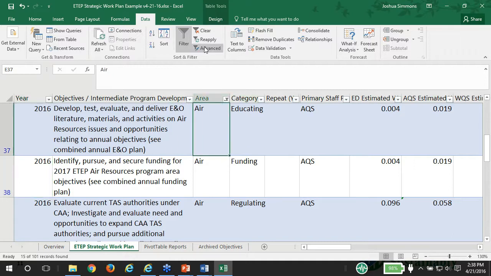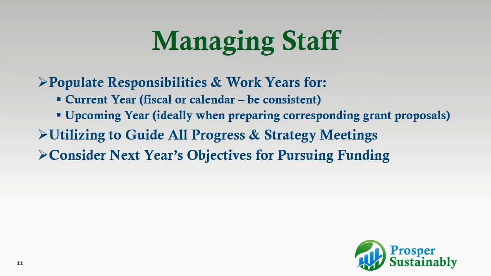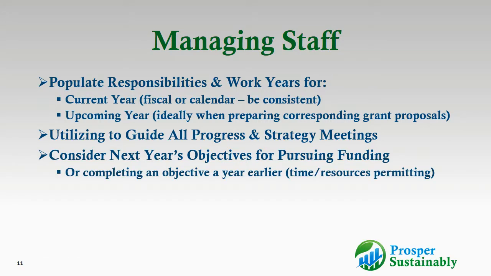Okay, so let's undo these filters. Another thing too is you could decide that you want to complete an objective a year earlier if there is sufficient time and resources to do so.